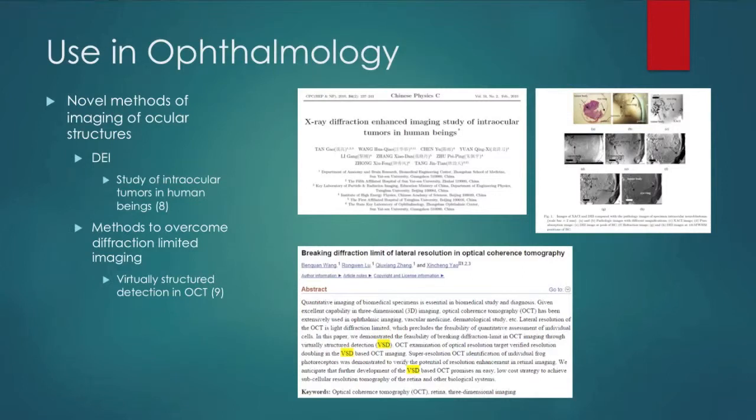There have been studies where they use smart mathematics and algorithms to basically break through the diffraction limit of the lateral resolution in optical coherence tomography, which again would allow us to make breakthroughs in terms of ocular imaging to detect disease processes at earlier stages, such as in macular degeneration. I thought that's just another good example of the use of diffraction in ophthalmology.